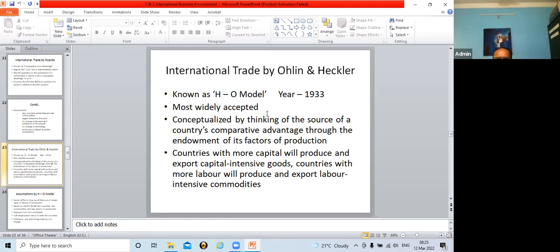Then it is the most widely accepted theory, Olin and Heckler. Try to understand the last point: countries with more capital will produce and export capital intensive goods. Countries with more labor will produce and export labor intensive commodities.